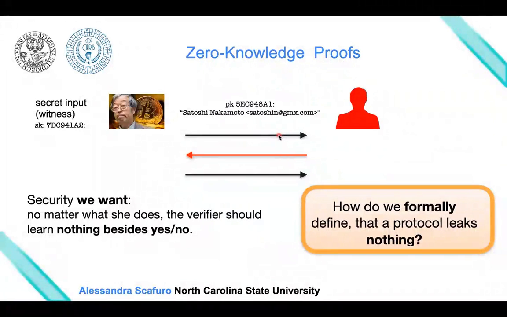I'm going to stop for a second, and I would like you to think for a second of what we said about encryption. When we talked about encryption, we had the same problem. We wanted to capture the fact that an adversary, by looking at the ciphertext, cannot tell what is the message encrypted. And so there was a challenge phase where the adversary had two choices.